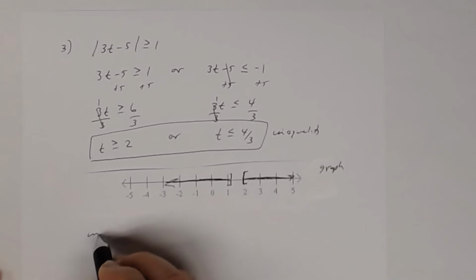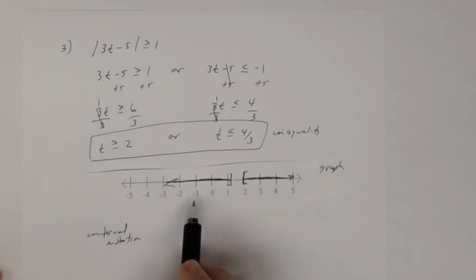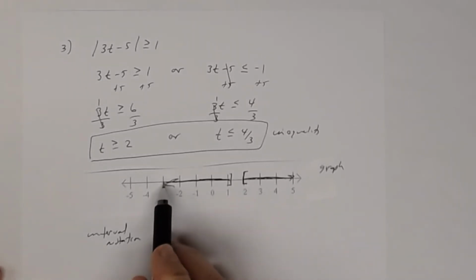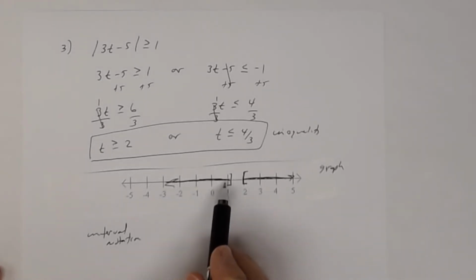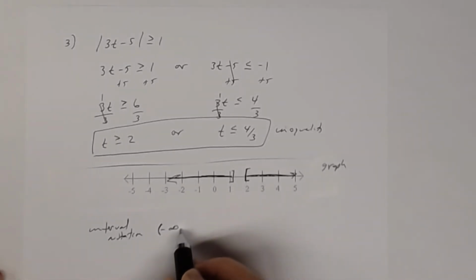Then interval notation, you're going to say, so you have two intervals. So make sure you write two intervals. So you're going from negative infinity all the way to 4/3. So negative infinity, parentheses. Remember, with infinity, negative infinity, you always use parentheses. Negative infinity to 4/3 with the bracket because of the equal sign. 4/3 is a solution.